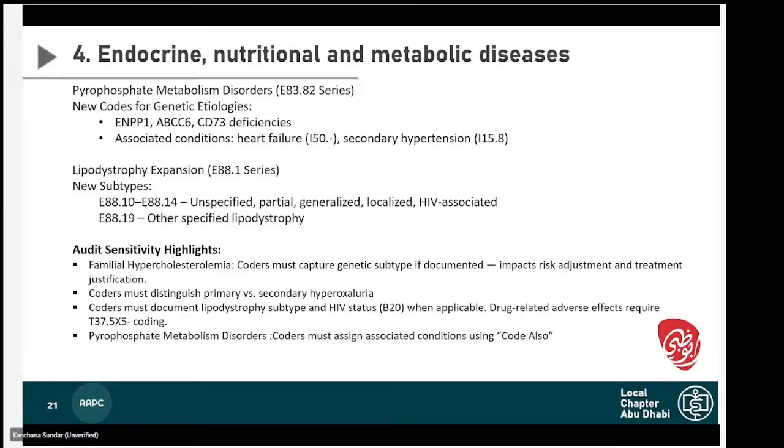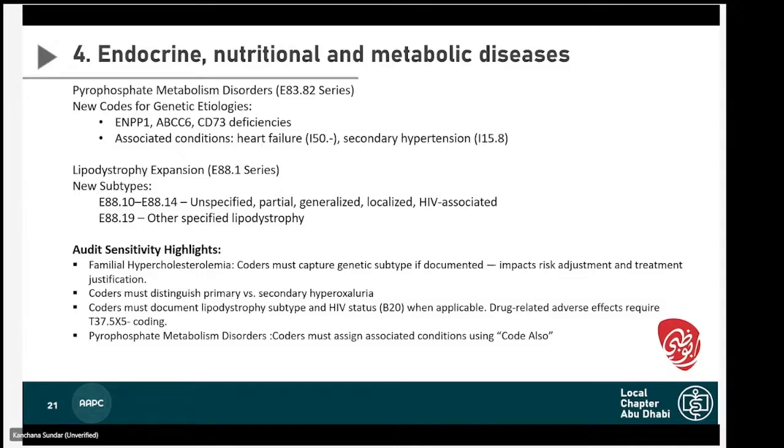If you're coding for a hospital which is high with this type of documentation, please be aware that there is a lot of specificity available with lipodystrophy. And just to close the endocrine, nutritional and metabolic diseases, audit sensitivity again, familial hypercholesterolemia.